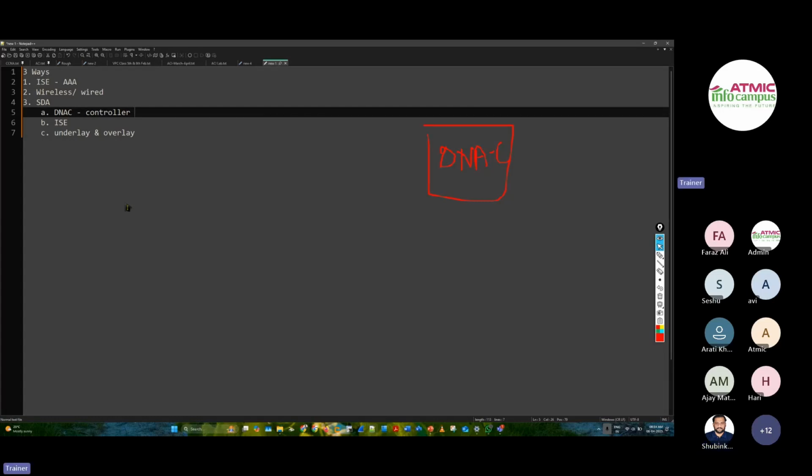In SD-WAN also we use controllers, correct? So basically the controller is the brain of an SDN solution, a software defined networking solution. This is a piece of software that makes traditional networking into an SDN.